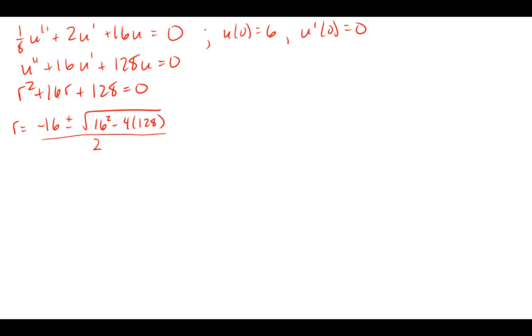Okay, so of course you've got to do the math under that square root sign. Believe it or not, that actually turns out to be, well, here, I'll jot it down. So if you do 16 squared and then minus 4 times 128, you actually get negative 16 squared.